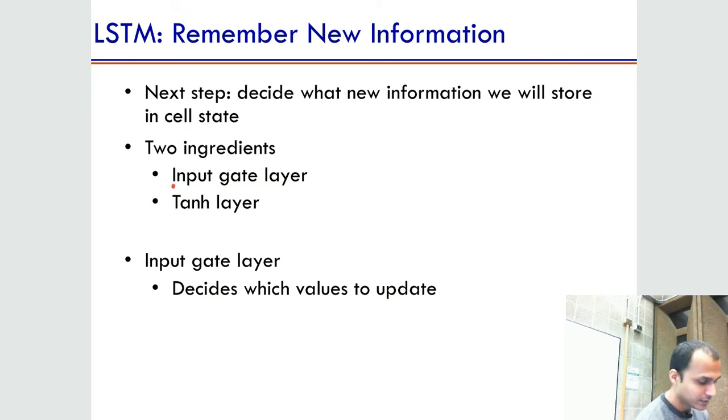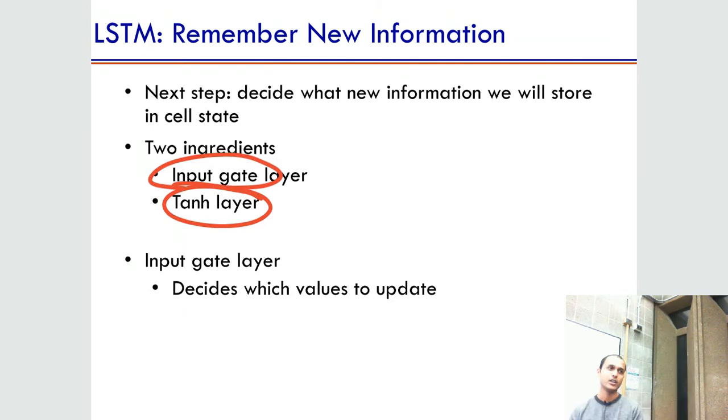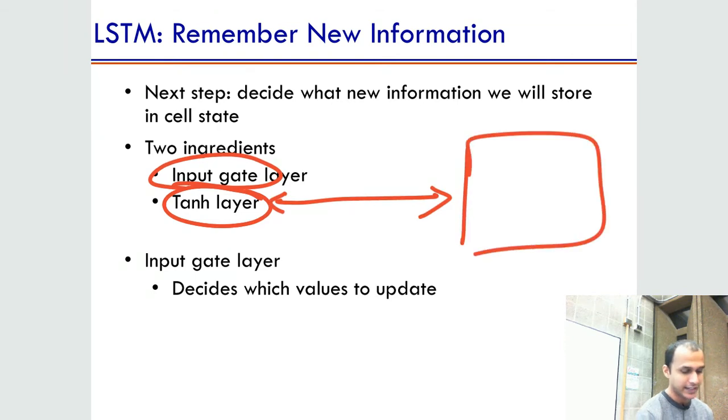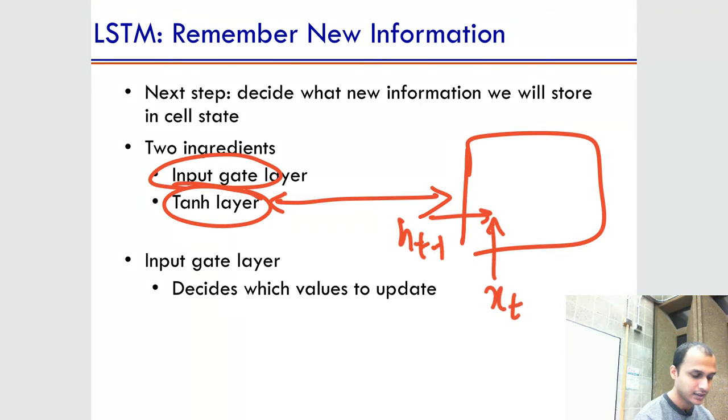For that, there's going to be one gate and one simple neural network. This is the A, the base block that I was considering at the beginning. It had some tanh operation, right? It had ht minus 1 and xt, they were getting concatenated, and there was a tanh layer, and that was being output like this.